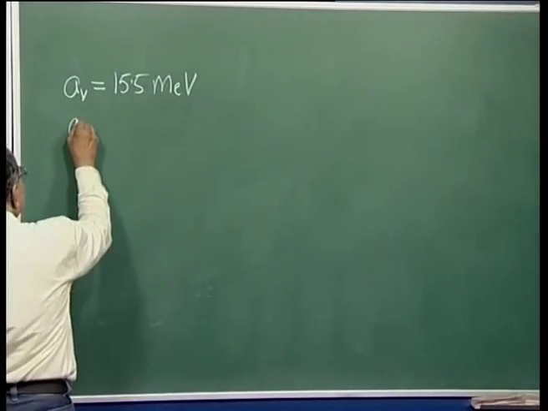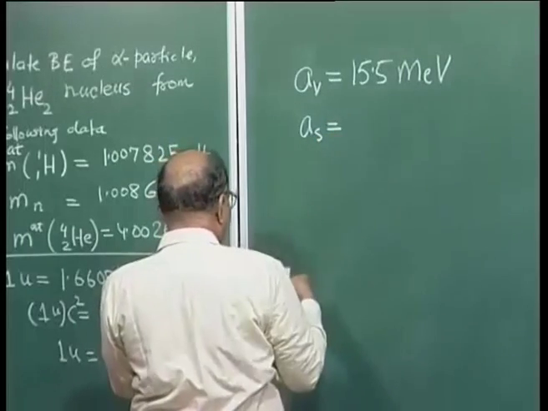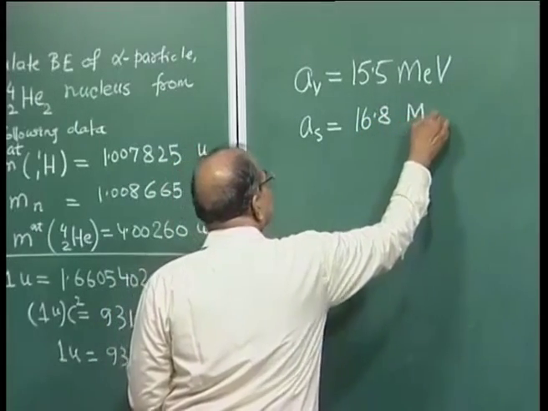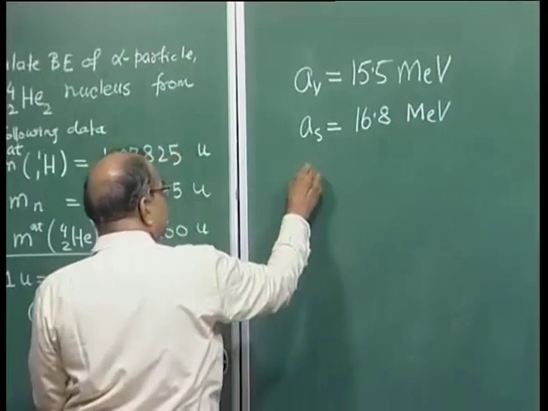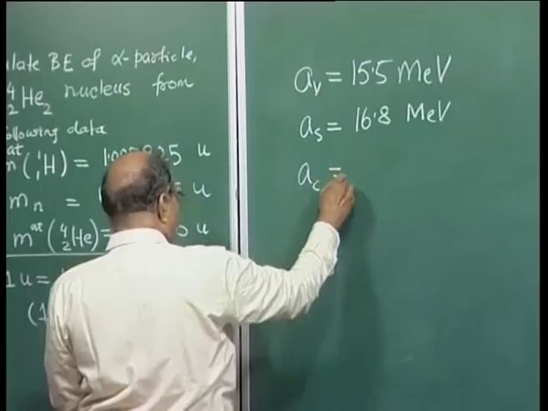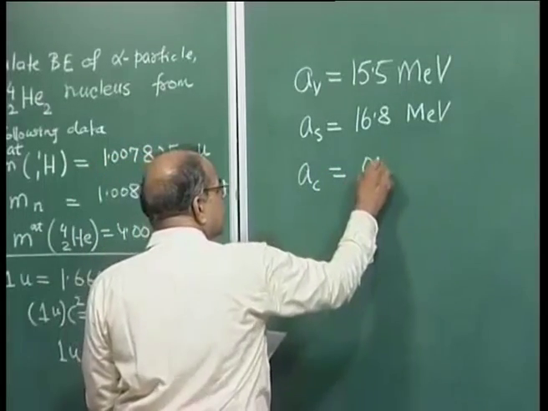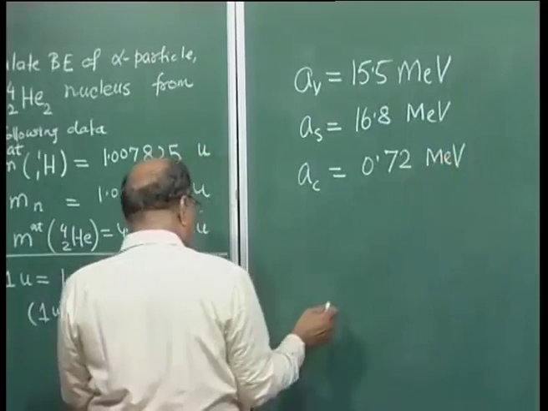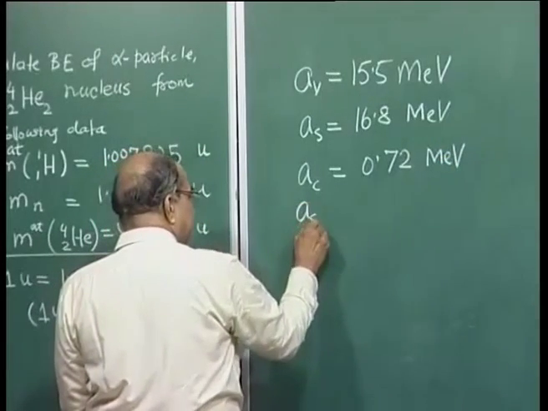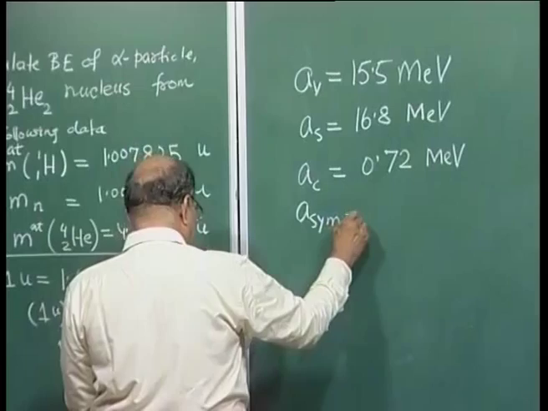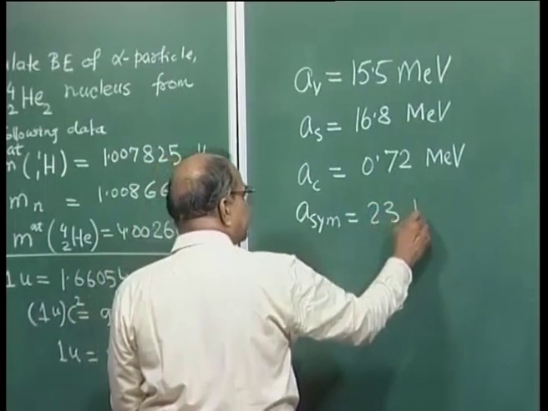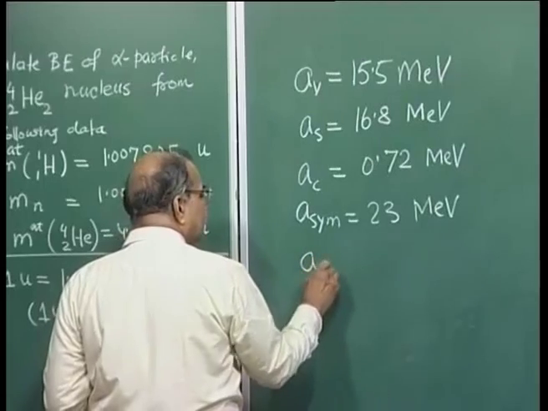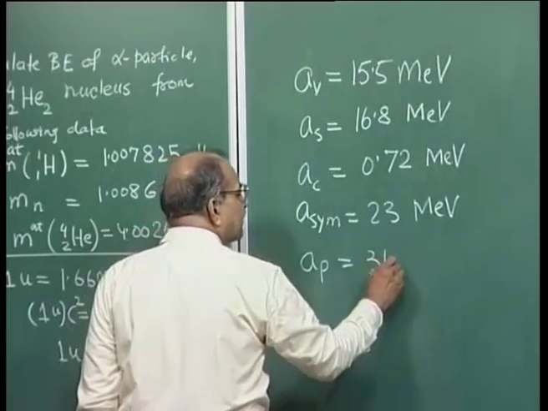Then the surface term constant AS is 16.8 MeV. What is next? AC, the Coulomb term, is 0.72 MeV. Then the asymmetry constant is 23 MeV, and AP is 34 MeV.